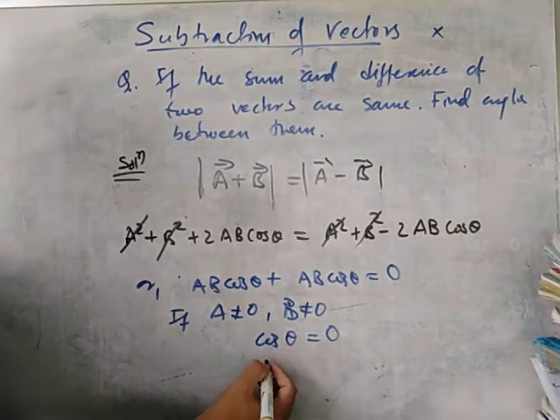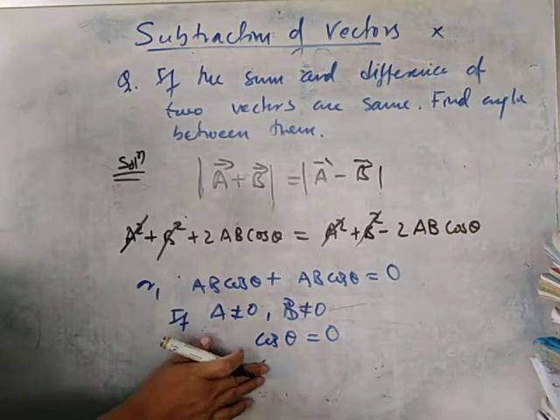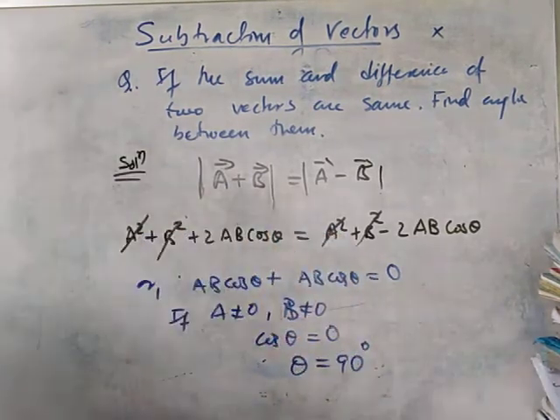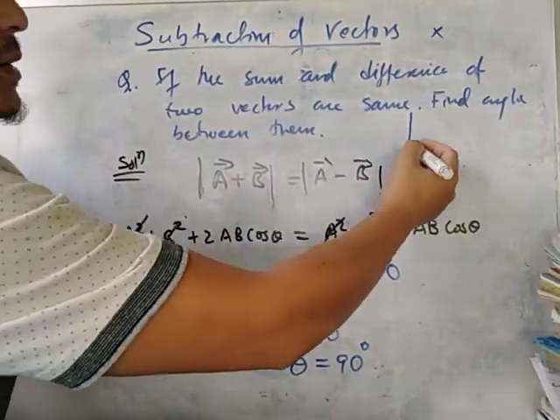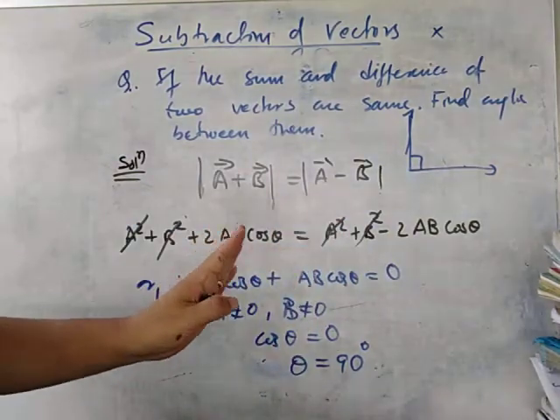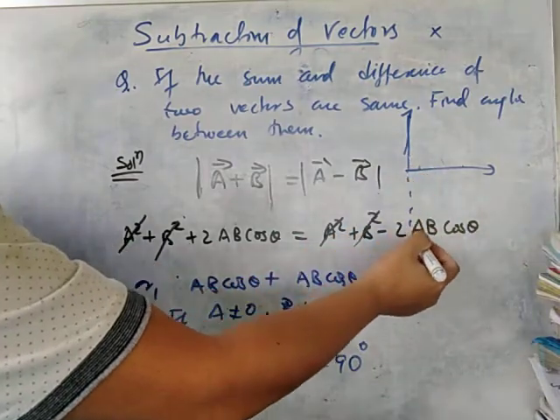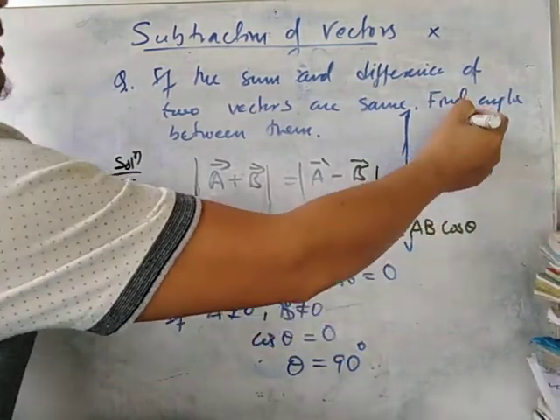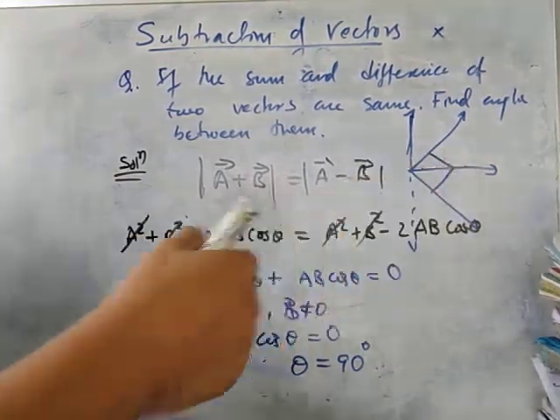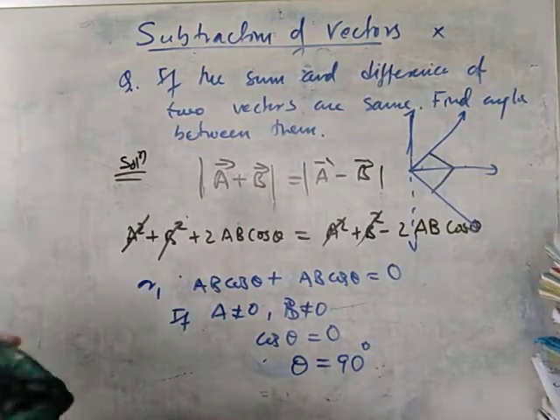So when is cos theta 0? Cos 90, so theta equals to 90 degree. So it is equal when the angle between A and B is 90 degree. Okay, sum and difference are same then. Now see, this is your sum, isn't it, resultant, and this is your difference. So between them how much? 90 degree. Clear?